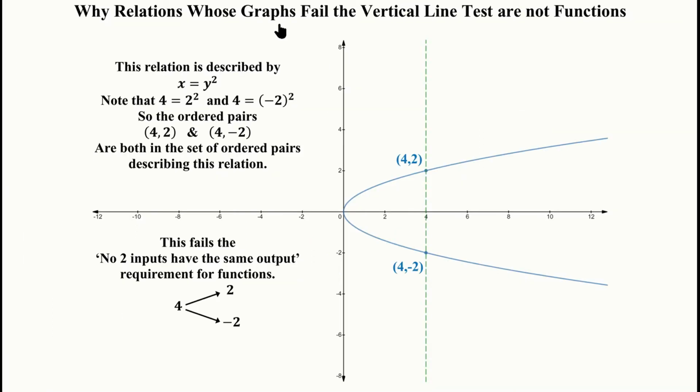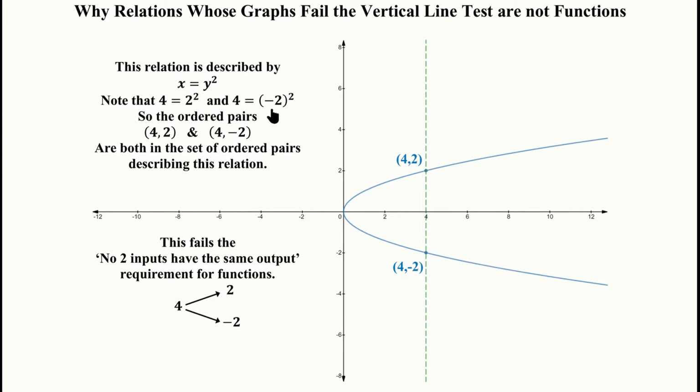Here we want to take a look at why it is that relations such as this one depicted here clearly fail the vertical line test. Notice there, this vertical line, for example, crosses it more than once. This relation is described by this equation, x equals y squared.